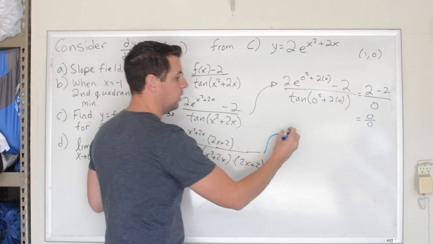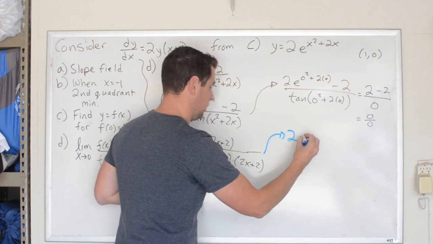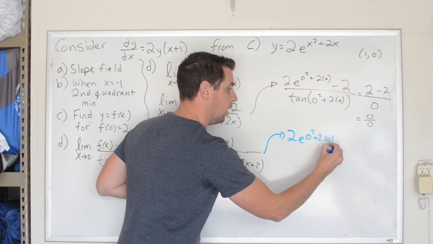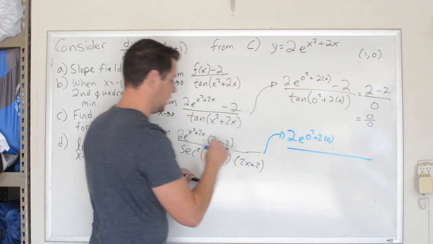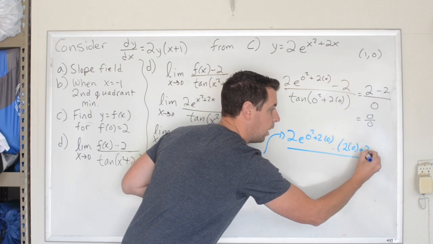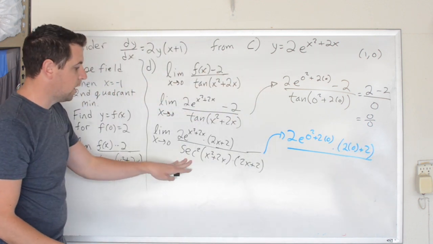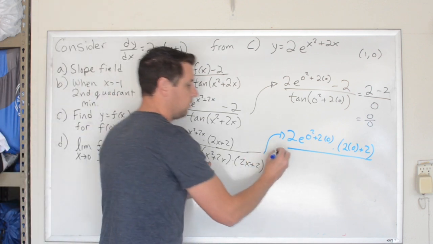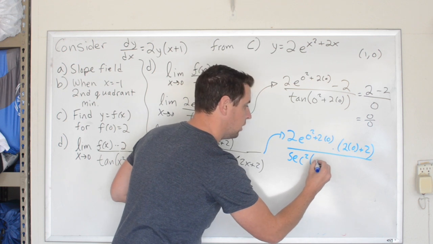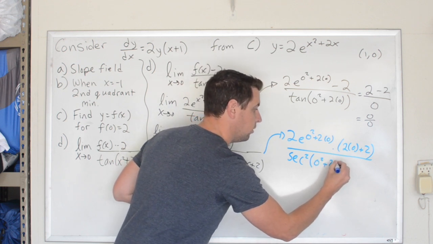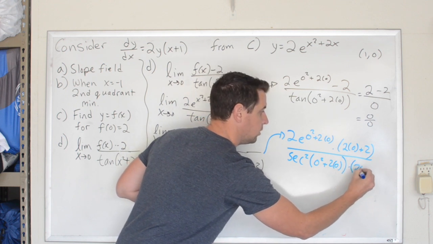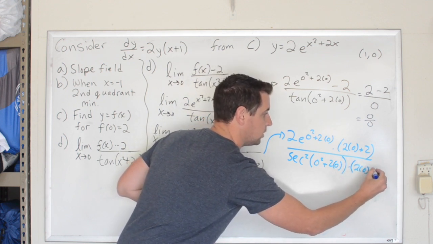When I put 0 in here, I get 2 times e raised to the 0 squared plus 2 times 0 times 2 times 0 plus 2. And then in the denominator, I need to put 0 in down here. So I should get secant squared of 0 squared plus 2 times 0 times 2 times 0 plus 2.